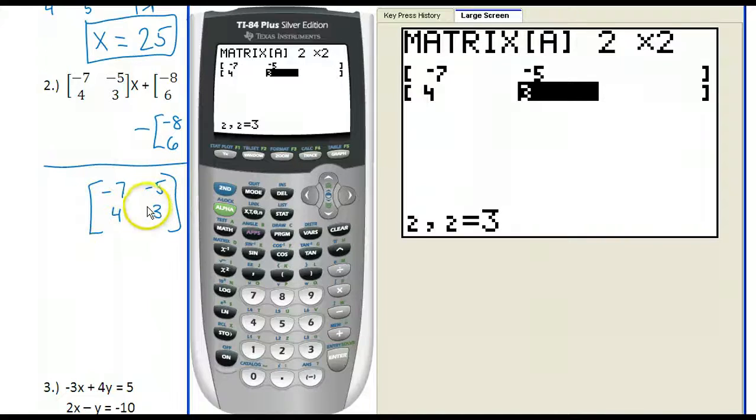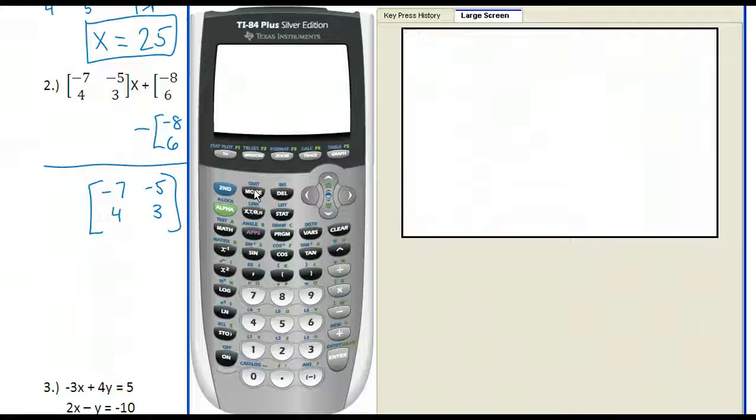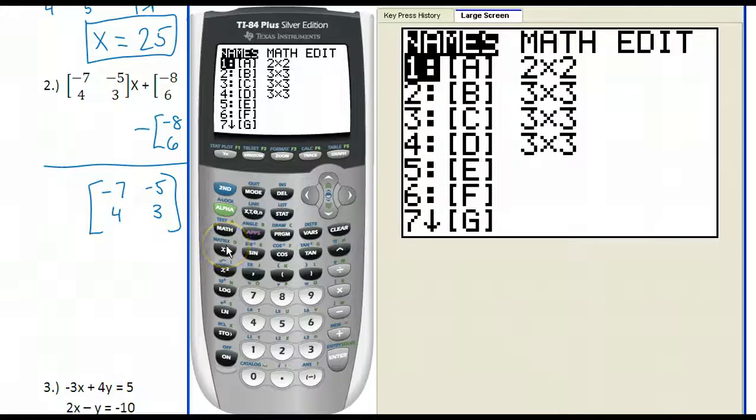So I have this matrix entered in as matrix A. I'm going to quit back to the home screen. And then I want to find the inverse of matrix A.